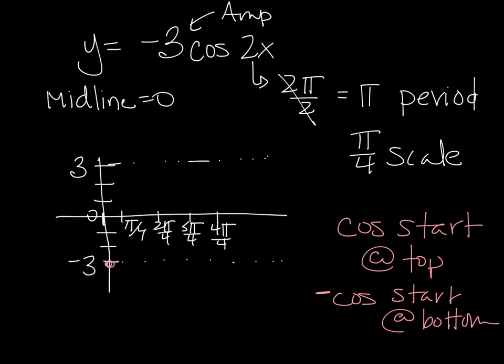It's going to be negative 3. And then at the next tick mark, I'm in the middle. And then it's at the top. And then it's in the middle. And then it's at the bottom. If my cosine is negative, then it'll kind of make a hill. It'll be flipped over. Positive cosine makes a U shape. Negative cosine makes a hill.